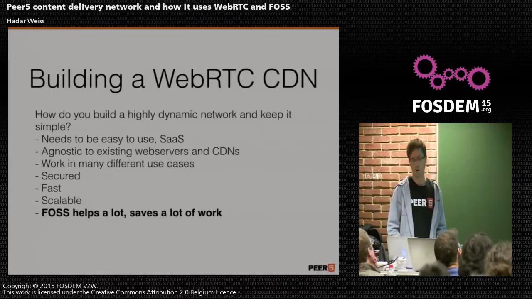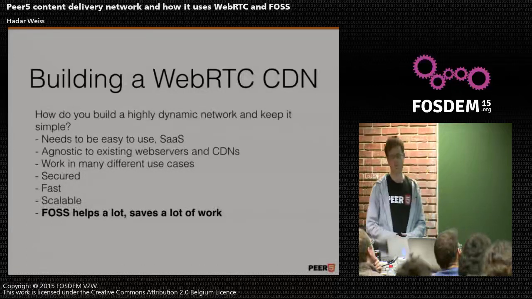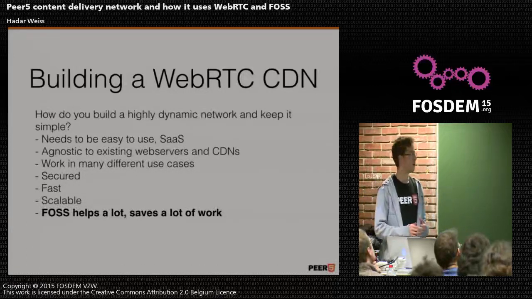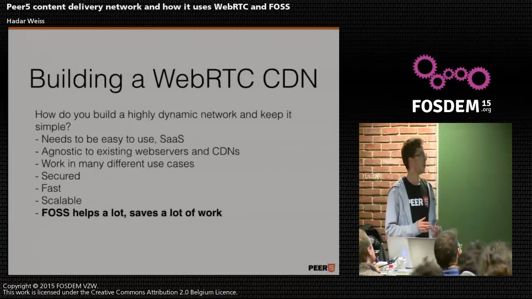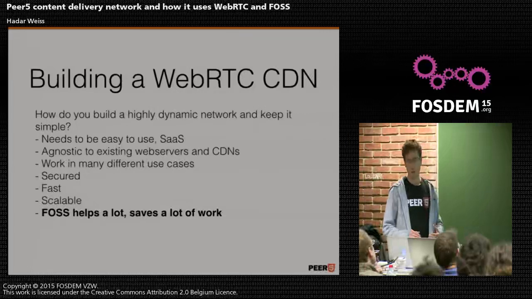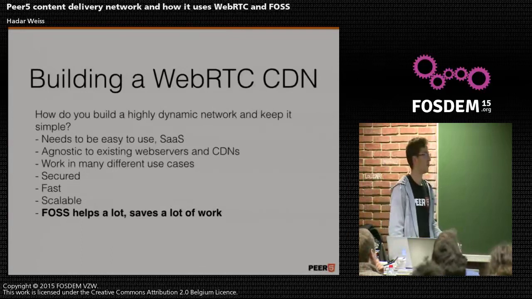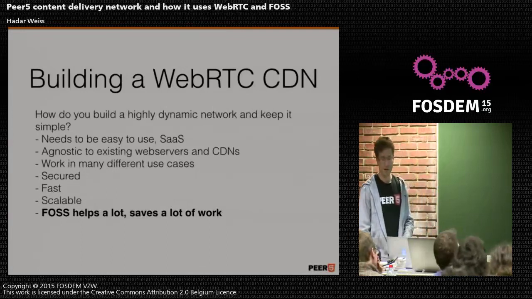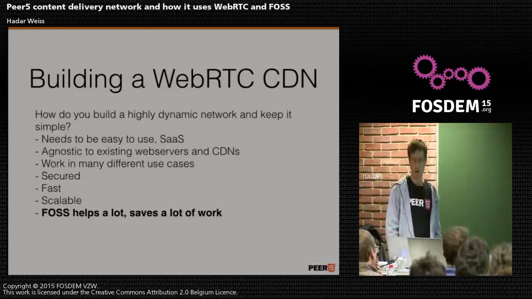And that's what we do in Eer5, and it needs to be easy to use. So if I'm already using a CDN or I'm already using a few data centers, it needs to be easy to add another layer of cache. It needs to be agnostic to all sorts of web servers and all sorts of HTTP implementations.